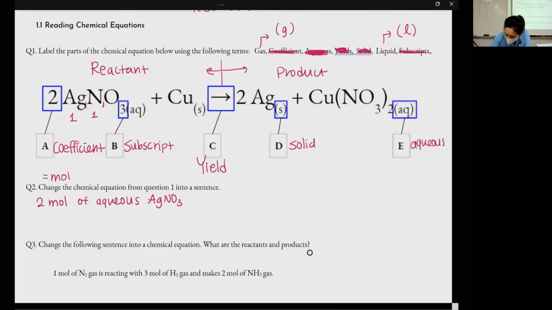That's what we're gonna write: is reacting with, and then we have to make sure we put how many moles we are reacting it with. So it will be 1 mole of, again the state of matter, which is solid copper. Now we're at the arrow, so we're gonna write "to produce," because we're producing the products.